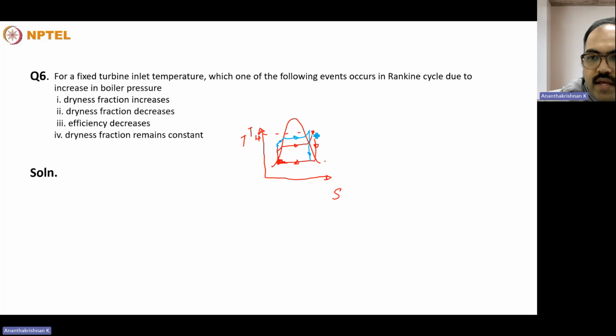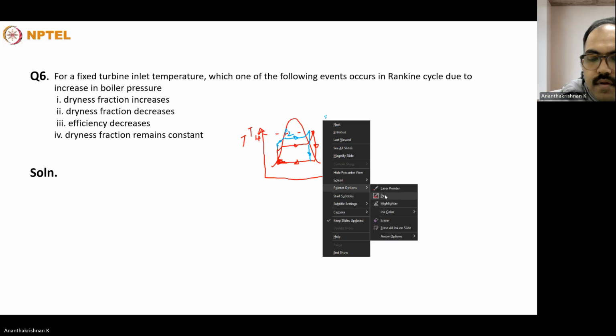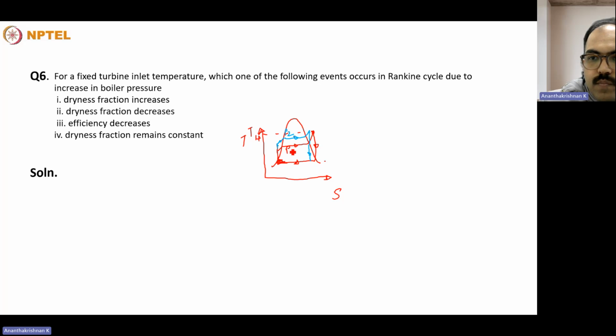This is a new case where we increase the pressure but keep the maximum temperature constant. In this case, this is P2, so P2 is greater than P1.